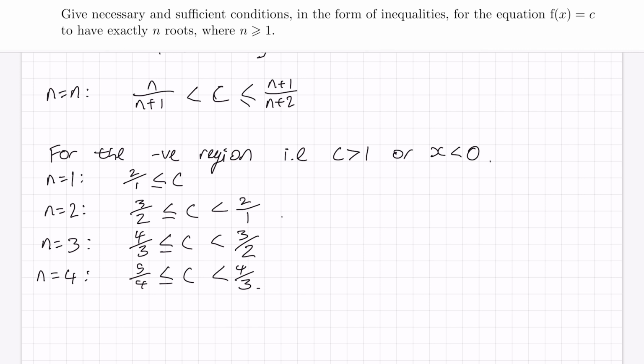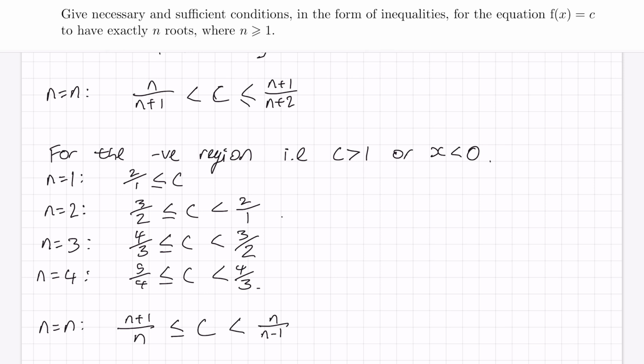So therefore, I can again see the same pattern for n equals n. What am I getting? I'm getting n plus 1 over n on that side, less than or equal to c, less than, a bit harder with n equals 1, but if I look at n equals 2, n over n minus 1.